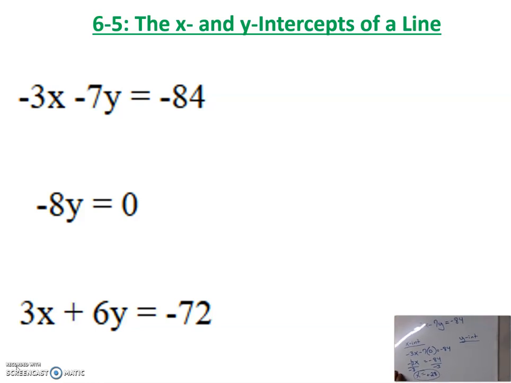My y-intercept, because I'm looking for y here, I'm going to substitute 0 for x. So when I rewrite this, negative 3 times 0 minus 7y equals negative 84. Negative 3 times 0 just gives me 0, and I'm left with negative 7y.